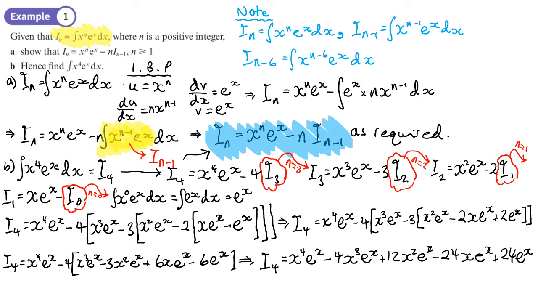So all done without having to use integration by parts, and I mustn't forget my plus c on the end. So let's just highlight that answer here before we move on.